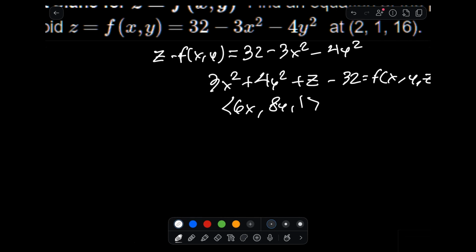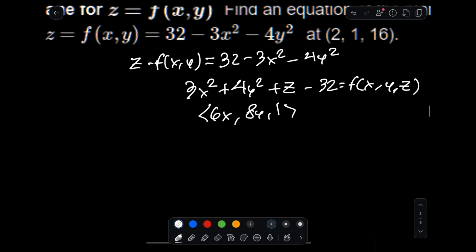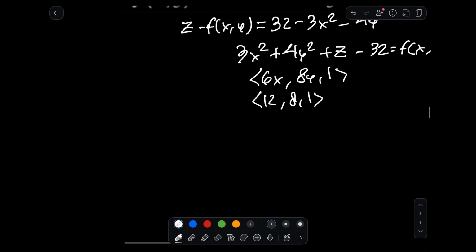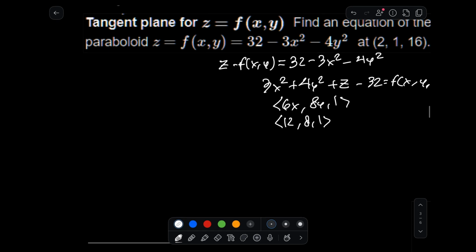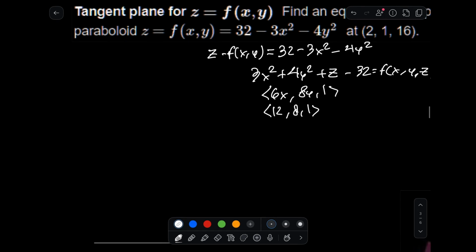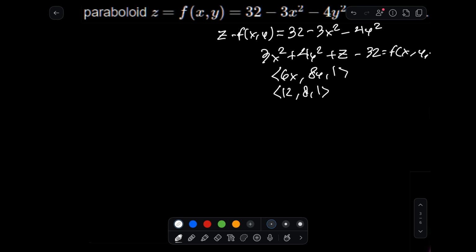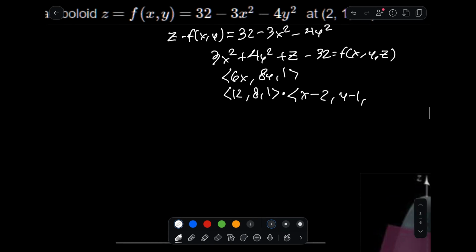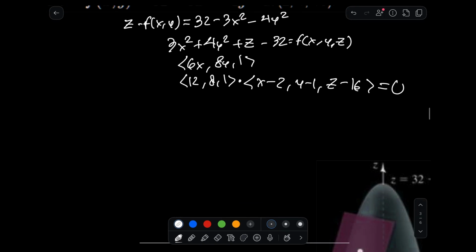So looking at this now, just plug in our point, we get 12, 8, 1, and we can rewrite it how we normally would, given our equation. So we would now dot it with the point in space where it's x minus 2, y minus 1, z minus 16 equals 0 because, again, they're perpendicular, so therefore it's going to equal 0 by the dot product.